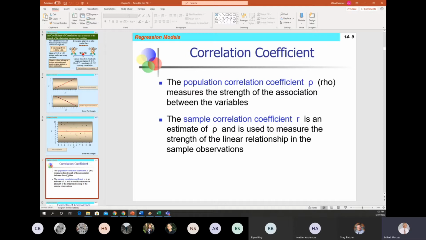And then we start analyzing the association, the relationship between the variable of interest, which we usually refer to as the dependent variable, and the factors, the independent variables, the predictors, the regressors, many different terms.